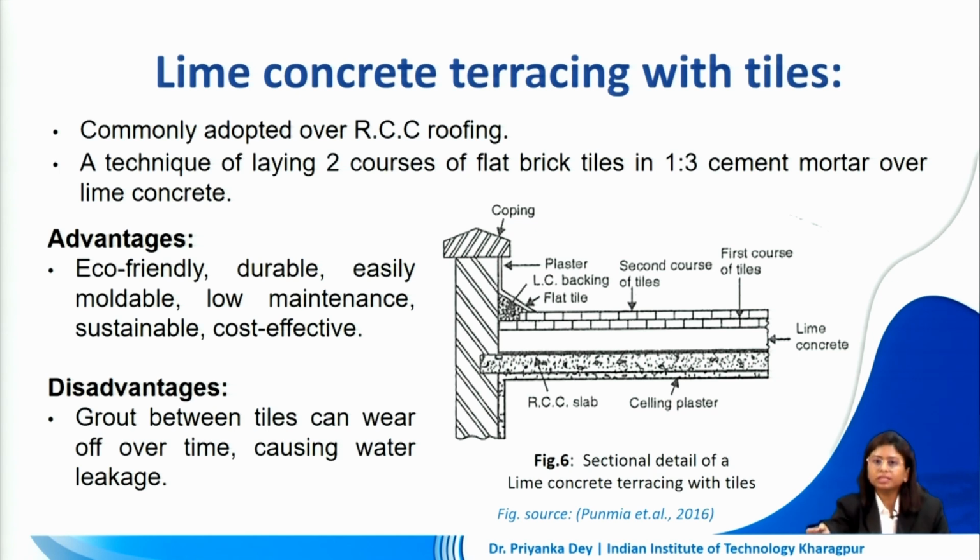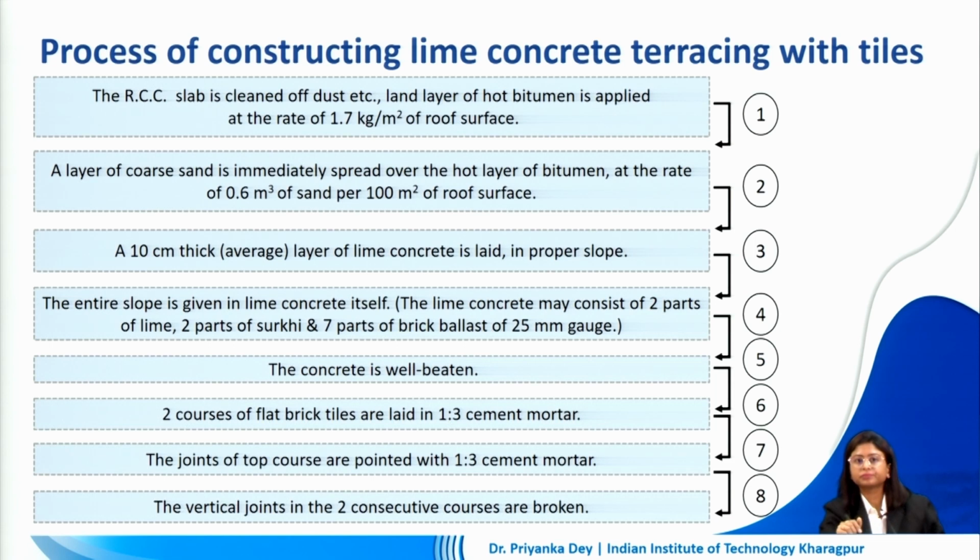So, what we do in this case is, the RCC slab is topped up with lime mortar layer, followed by multiple layers of brick flat tiles in 1:3 cement mortar, and that is giving us the final finish that we require for our terracing.